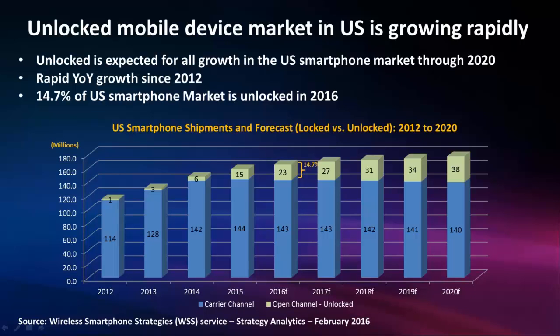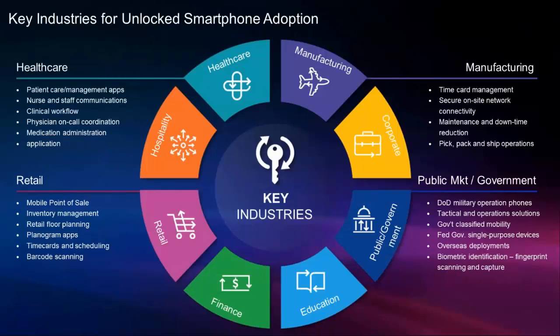Okay, this next slide is talking about the key industries for unlocked smartphone adoption. And if you look at the first three I'd like to talk about, healthcare, retail, and manufacturing, a good way to think of this is employees and people that work in the healthcare, retail, and manufacturing industry.